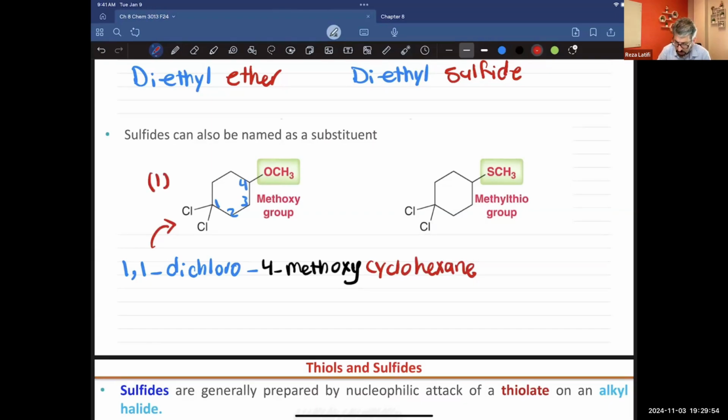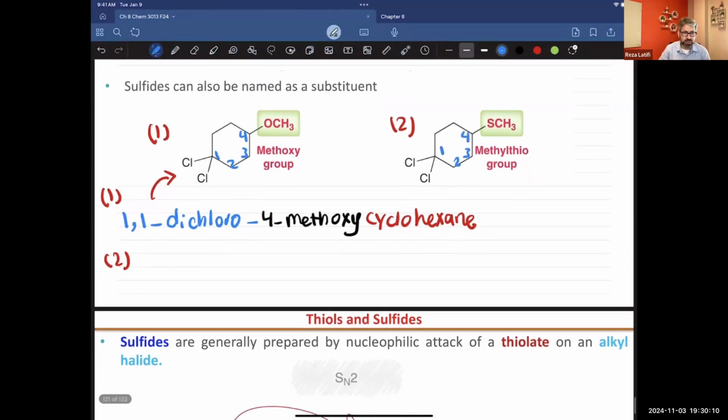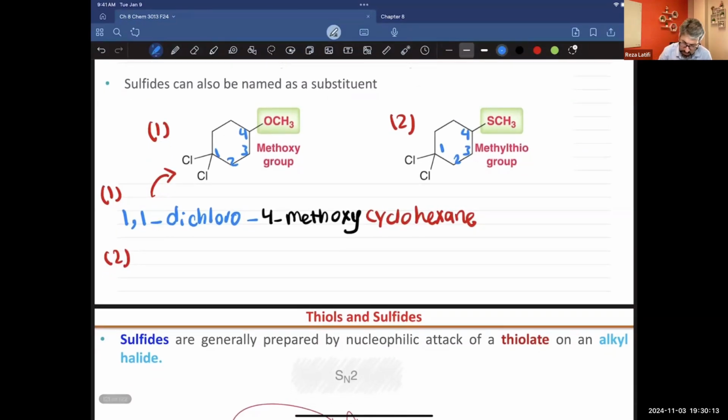Let's call it number 1, and this one we're going to call number 2. So for molecule number 1, that's going to be the name for it, and for the second molecule, again, starting from here, 1, 2, 3, and 4, priority again is going to go to chloro. So we can simply copy and paste this, or rewrite it: 1 and 1 dichloro, and then 4.